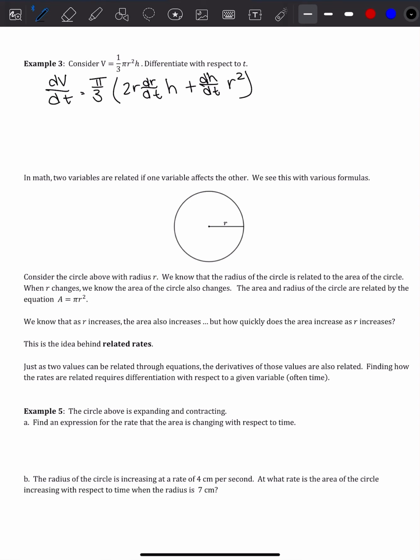For instance, that first one, the area of a circle, we see that how the radius changes affects what our area is. So if r is increasing, our radius is getting bigger, our area is also increasing. But how fast it's increasing compared to the radius is what we don't know and what we might want to figure out. That's why we look at what's called related rates, because they are rates that are related to each other.